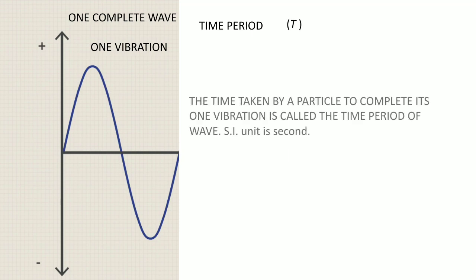The time taken to complete this one wave or one vibration is called the time period, which is represented as capital T. The definition for time period is the time taken by a particle to complete its one vibration. Its SI unit is second.